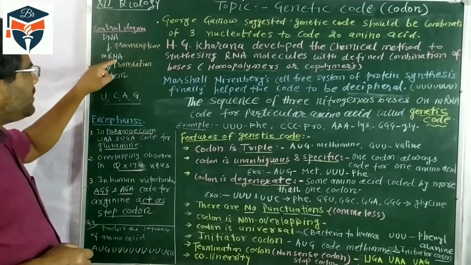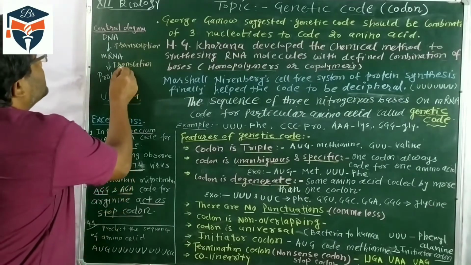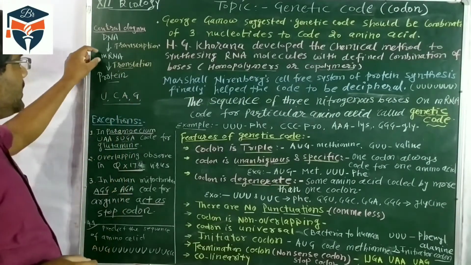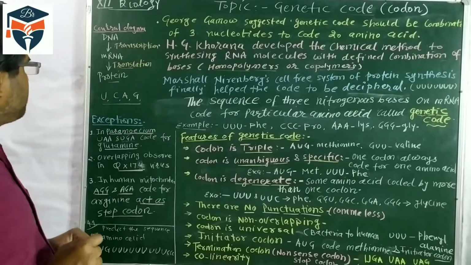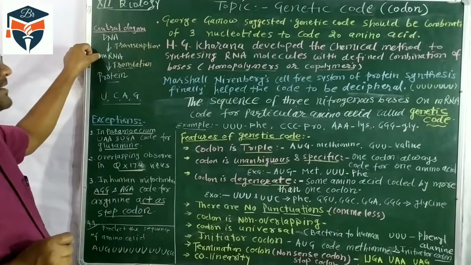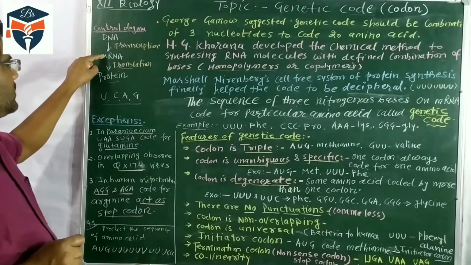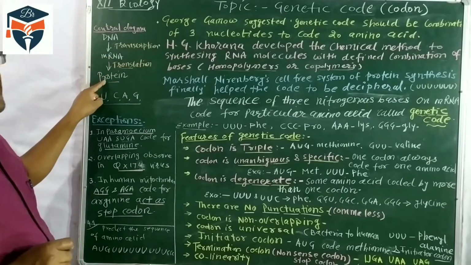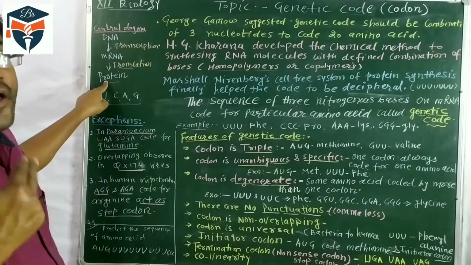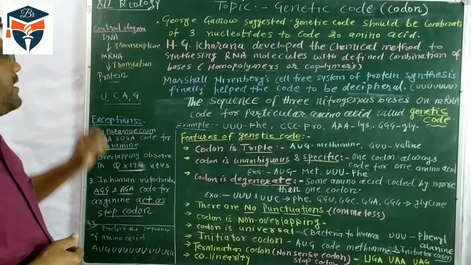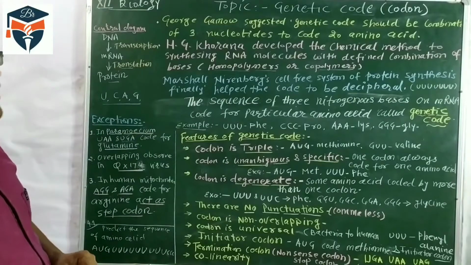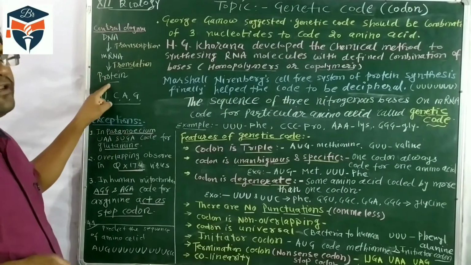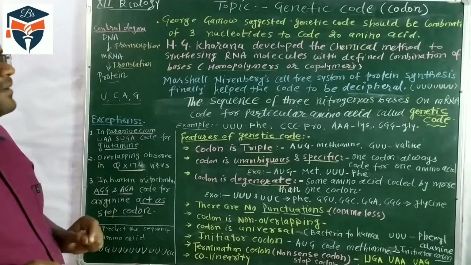The mRNA molecule gets translated to protein. It means that in the mRNA molecule there are some specific nitrogenous bases, and these nitrogenous bases code for the amino acids. Those amino acids form a long polypeptide chain, and that polypeptide chain helps in the synthesis of protein.